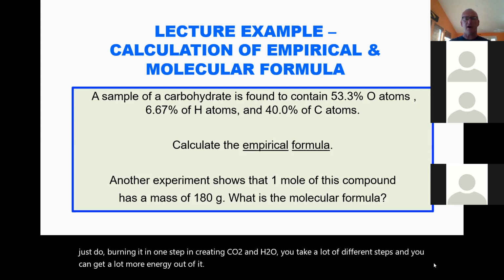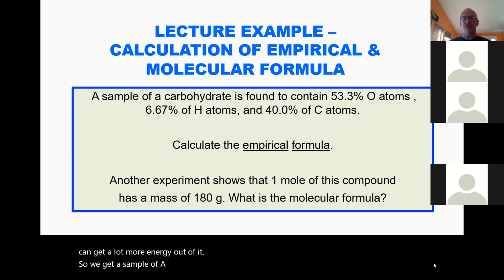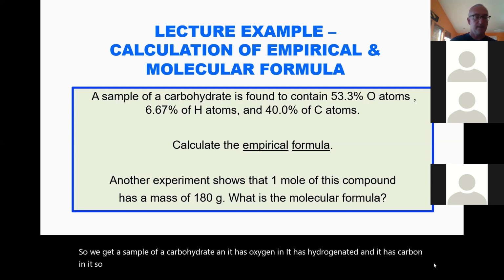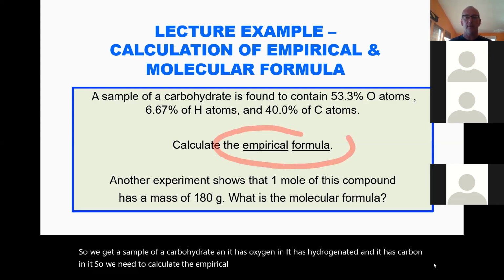So we get a sample of a carbohydrate, and it has oxygen in it, hydrogen in it, and carbon in it. So we need to calculate the empirical formula, which is all we can do with this information.